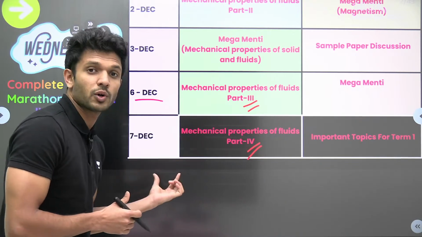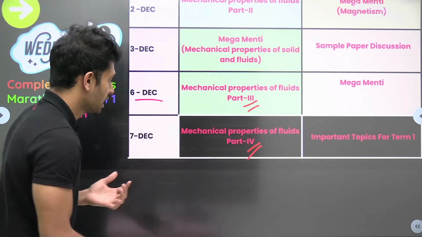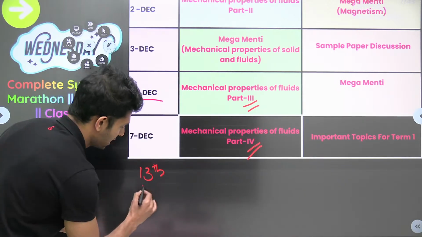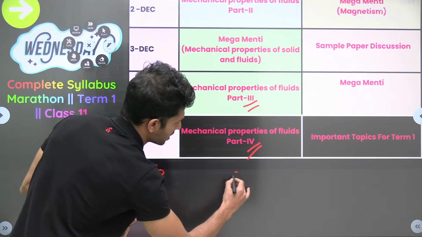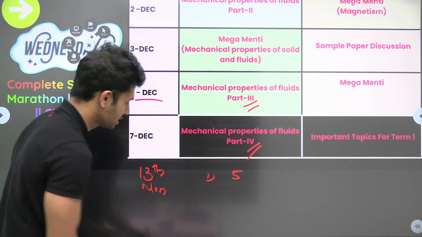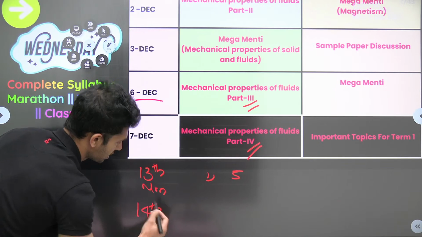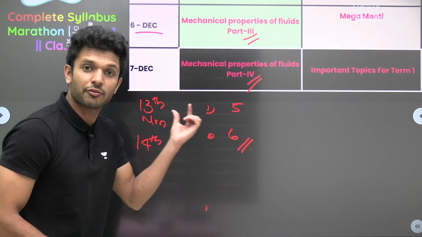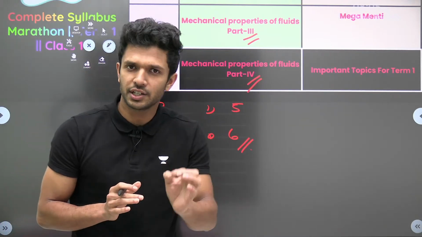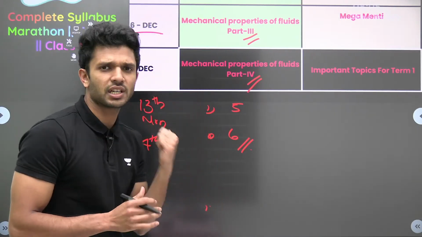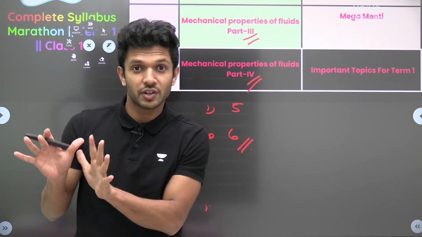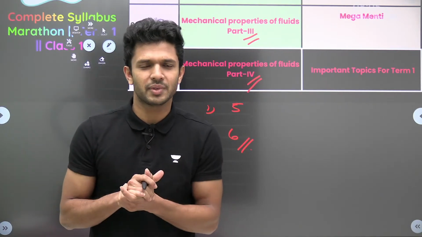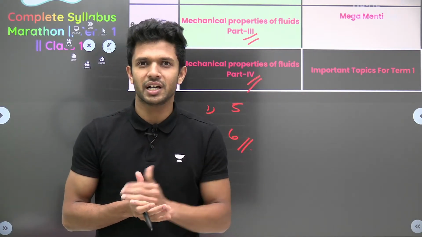So this week we won't be having any further classes other than tomorrow. Our class will be restarting on 13th of December, which is next Monday, where we'll be doing the 5th lecture of mechanical properties. And on 14th, on Tuesday, we'll be having the 6th lecture. Meaning after tomorrow, your next class will be on Monday and Tuesday, which is 13th and 14th. Why? Because more preference will be given to class 12 students, because their exams are going on. So we should be helping them, na? Because they are your bada bhai and bada behan.